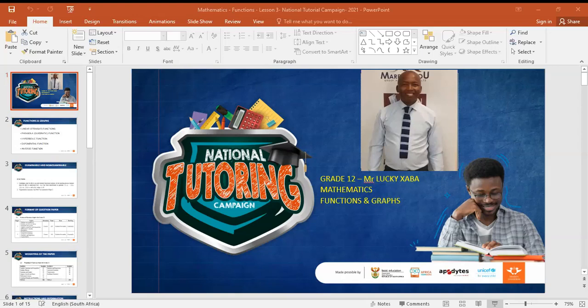Because A is a turning point and the graph is given in this format, this would be our x at the turning point and this is our y, the P and the Q.